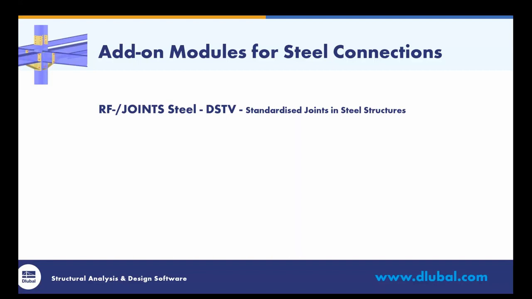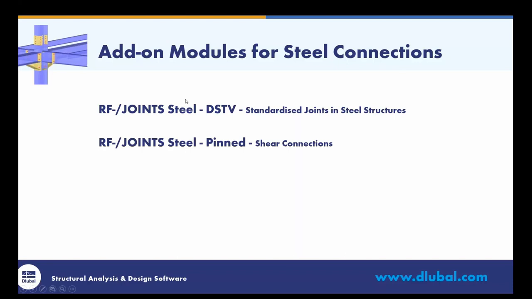We have the Joint Steel DSTV, which is a design collection for standardized connections according to the ring binder of the German Steel Construction Association, DSTV. This is a collection where you can look up permissible internal forces for a standardized connection. This is just for Germany, so we'll leave that out today.